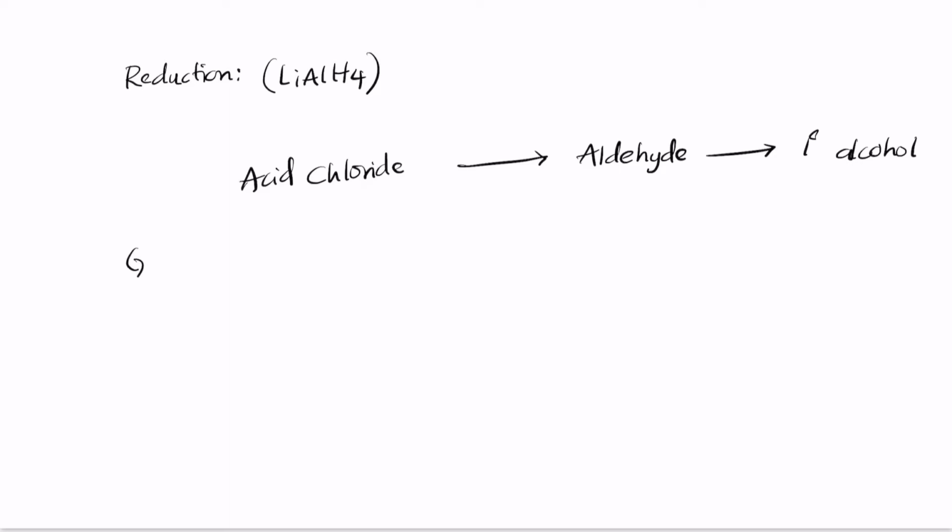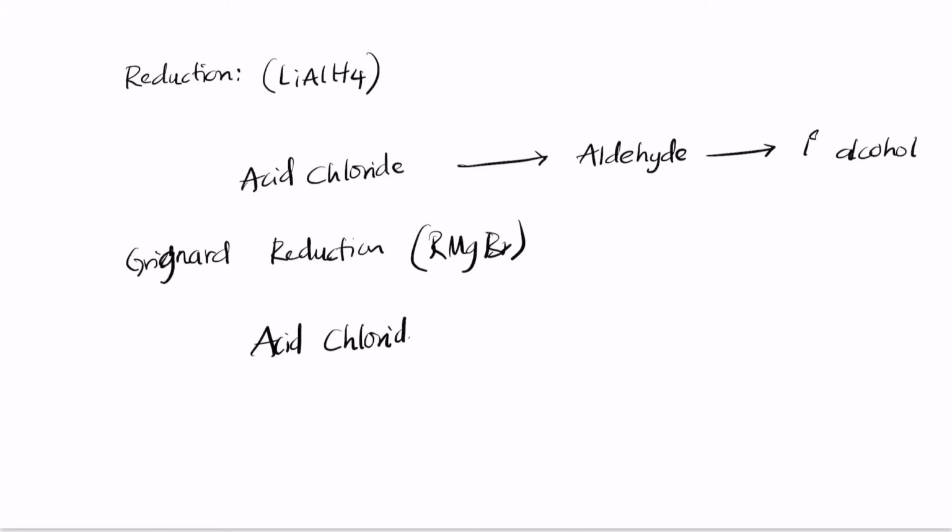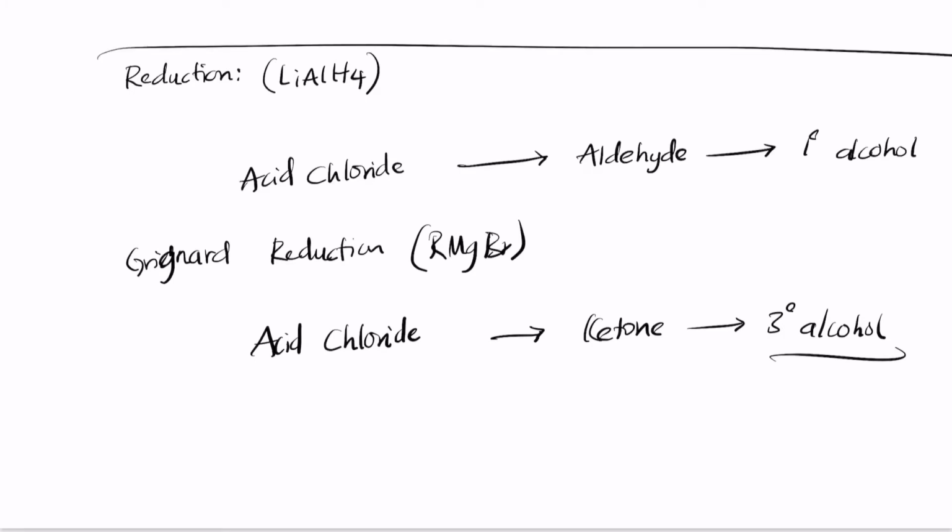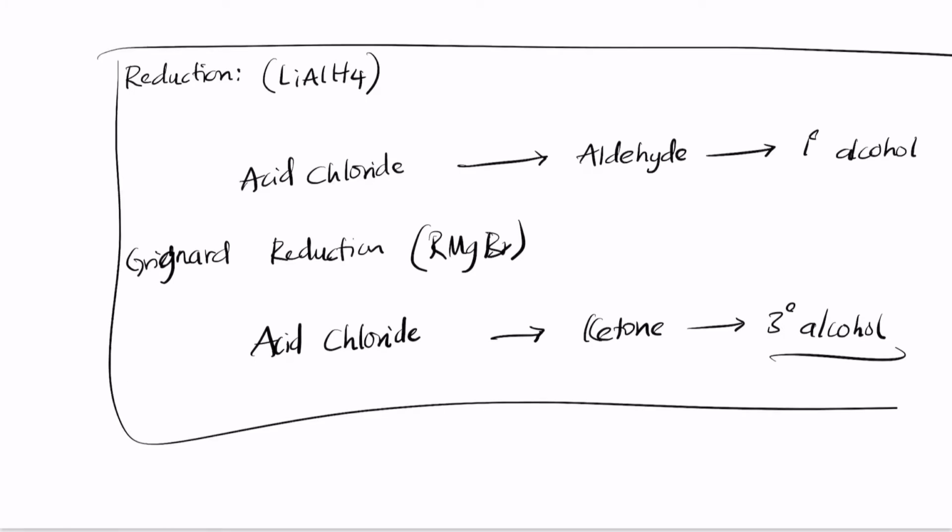But when we do Grignard reaction using RMgBr, you have acid chloride, which first creates a ketone, and then the ketone further reacts to form a tertiary alcohol. This is the basic sense of what is going to happen in the reactions. If you remember this framework, it makes it easier to understand the whole of the reaction.